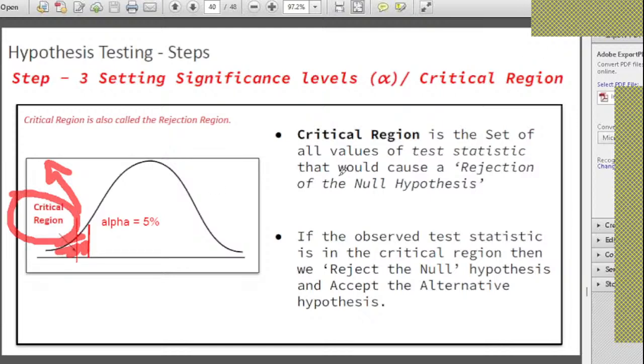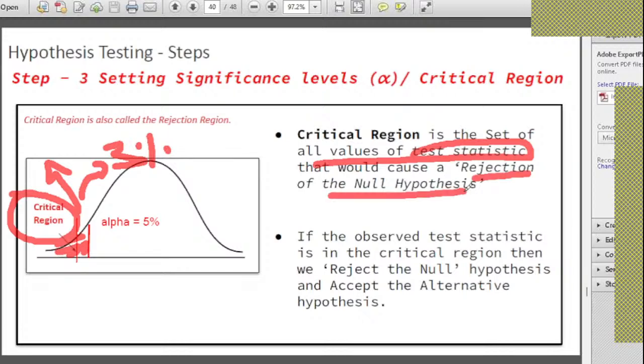Critical region is a set of all values of test statistic. I'll explain what is test statistic. For now, just understand 3% that would cause a rejection of the null. If the observed test statistic is in the critical region, then we reject the null hypothesis and accept the alternate hypothesis.